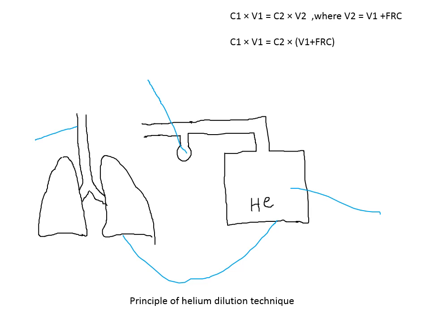Here C1 is the concentration of helium in the container, and V1 is the volume of the container, and C2 is the concentration of the helium at the end of the test, and V2 is the sum of V1 and FRC.